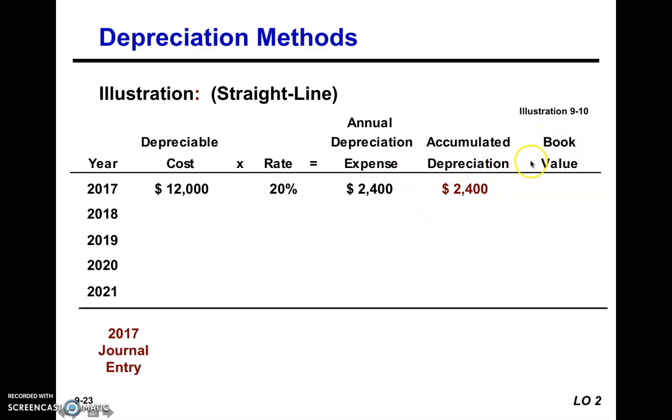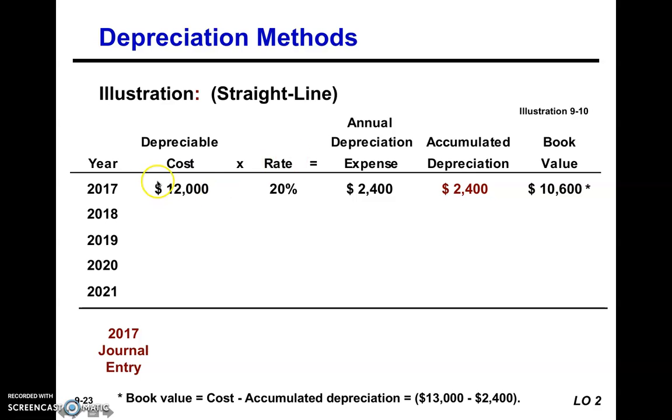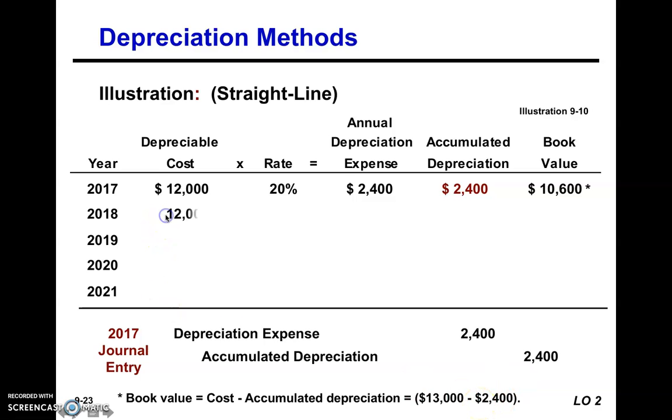So therefore, the book value, how much of the asset has not been used as of the end of 2017, is the cost minus, not the depreciable cost, the cost minus the depreciation expense, or accumulated depreciation, actually accumulated depreciation. So that's called book value. The second year, the cost is the same, and the third year, the cost is the same.